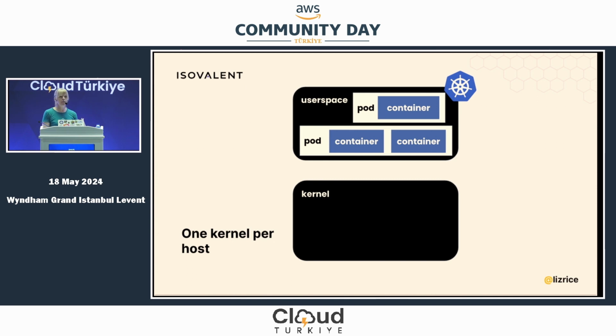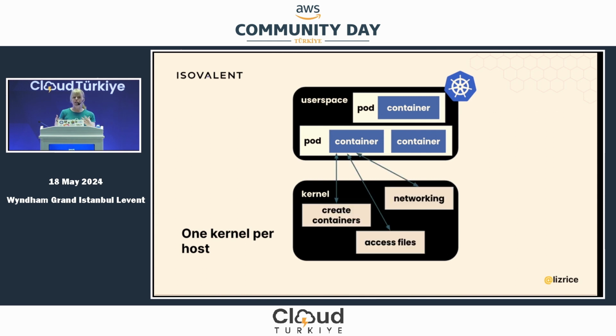So typically in Kubernetes, that means there is one kernel per Kubernetes node. And every time our applications are doing anything interesting, like accessing the network or files, or whenever Kubernetes is creating new containers and new pods, the kernel is involved in all of those activities.